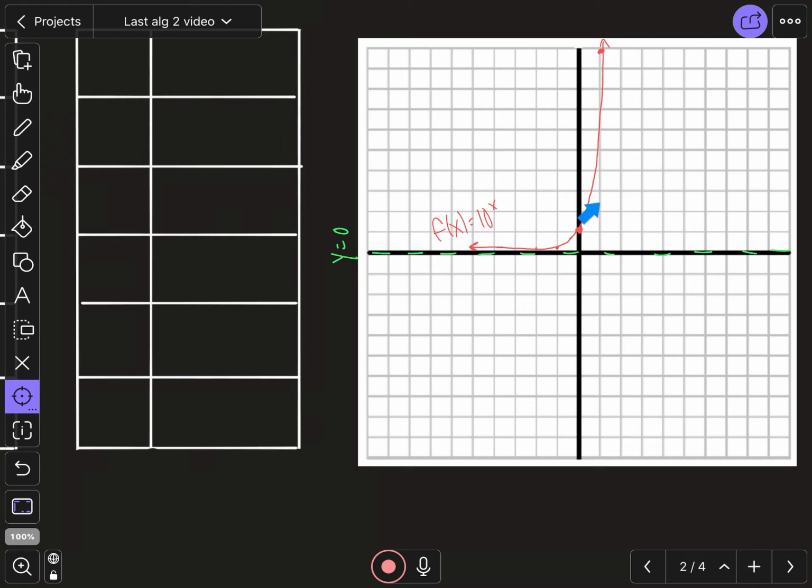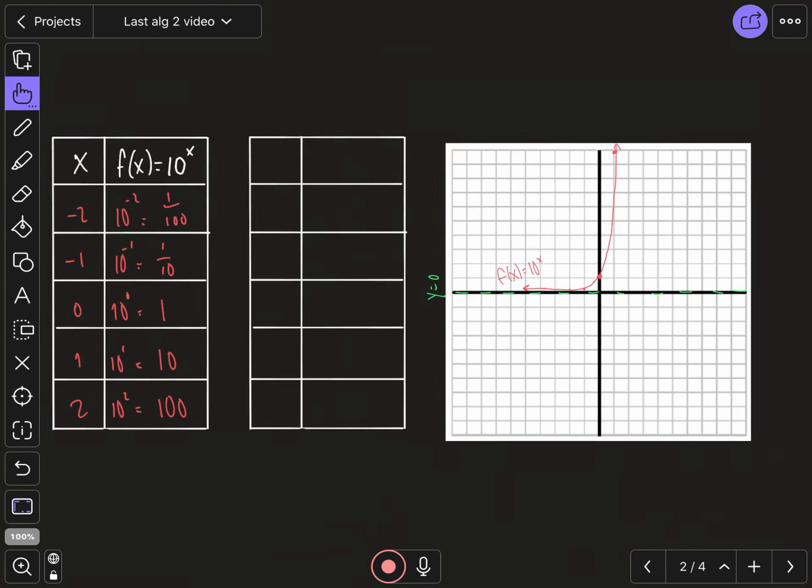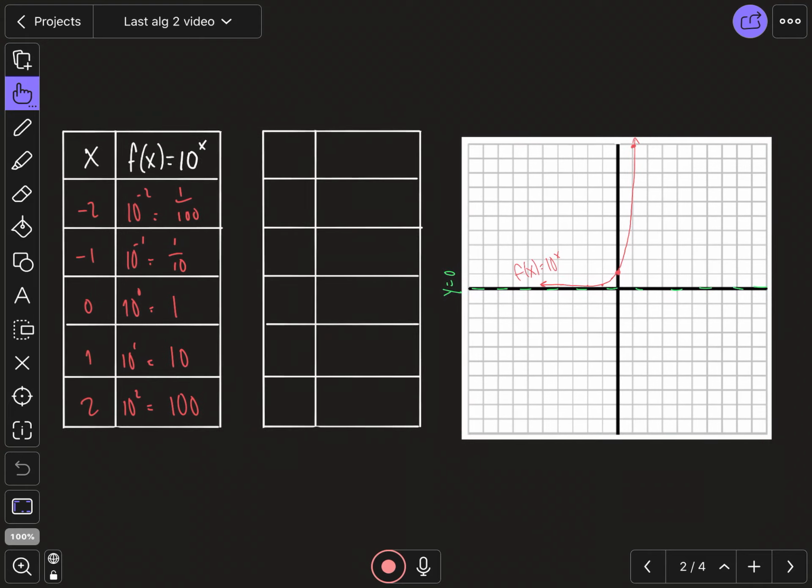But as it heads toward the right, it grows really rapidly. 10 to the first is 10, 10 to the second is 100, 10 to the third is 1,000. Those values are increasing incredibly fast. So, one thing, right? It's easy to graph an exponential function. And the other thing that makes this a lot easier is the inverse functions. Way back in Unit 2, you guys learned about graphing inverse functions and how to find inverse functions.